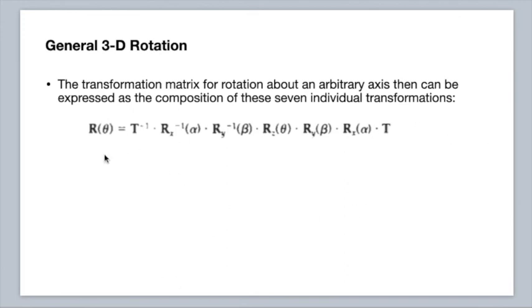So the first translation is T, then you perform rotation about x-axis, then you perform rotation about y-axis, then you perform the rotation of the object about the z-axis, then inverse rotations are performed, then last you perform the inverse translation so that it is moved to the original position. So the composite transformation is represented here.